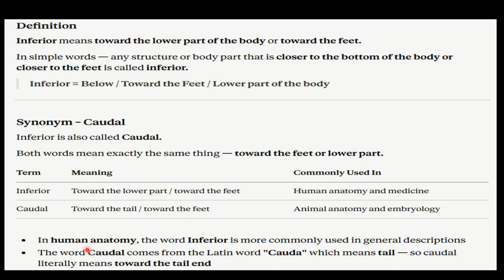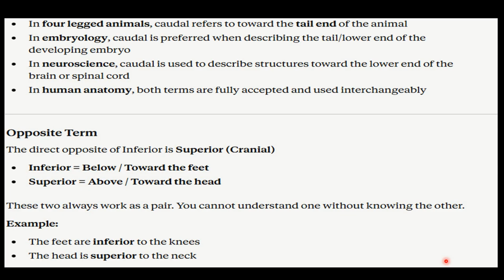In simple words, in human anatomy the word inferior is more commonly used in general descriptions. The word caudal comes from the Latin word Cauda, which means tail. So caudal literally means toward the tail end. Now we have a few points that will explain the actual meaning.